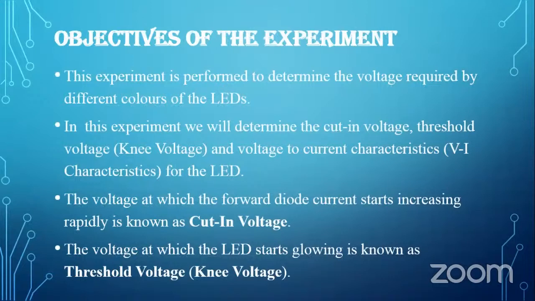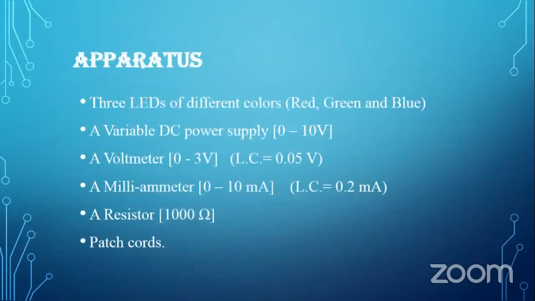This experiment is performed to determine the voltage required by different colors of LED. In this, we will determine the cut-in voltage, threshold voltage, which is also known as knee voltage, and the voltage to current characteristics, which is VI characteristics of the LED. So, the apparatus required for performing this experiment are as follows.